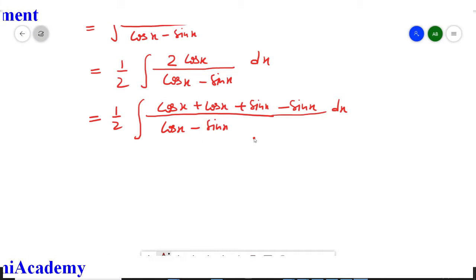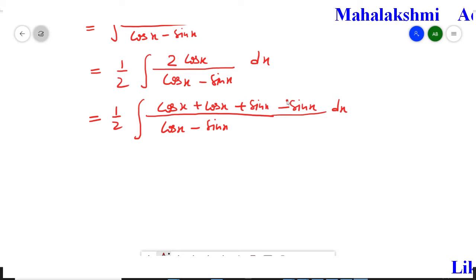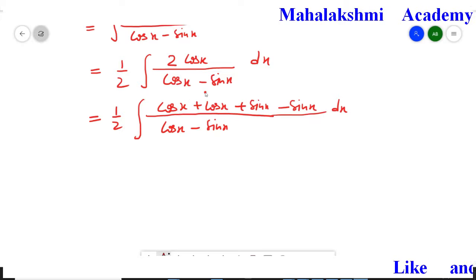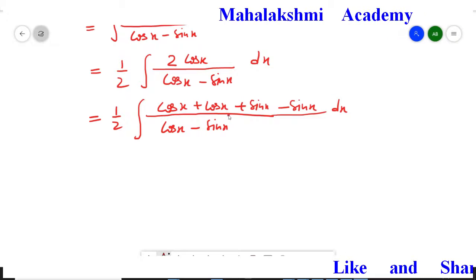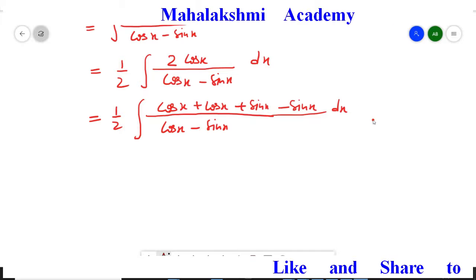Now we are going to make the pair. What I said is we need the same in the numerator, so in the numerator we need cos x minus sin x. So we will make the pair of cos x and minus sin x. Another thing we are going to write at the back.